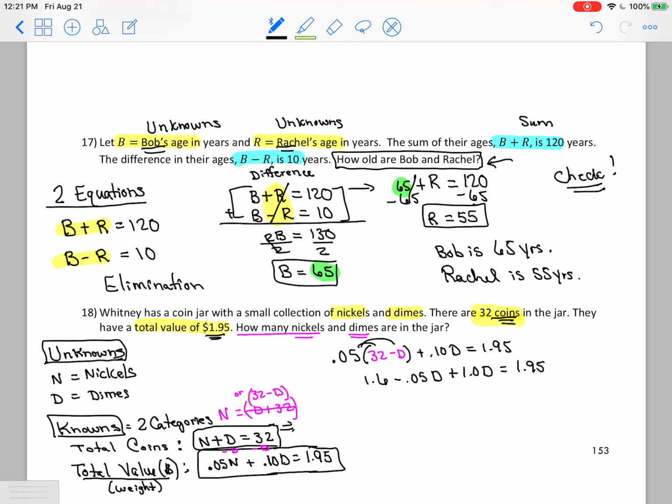All right, and so we're going to combine our like terms here. If we've got a negative 0.05d, basically plus 1d, that's going to give me 0.05d. I still have this 1.6. Let me redo that.